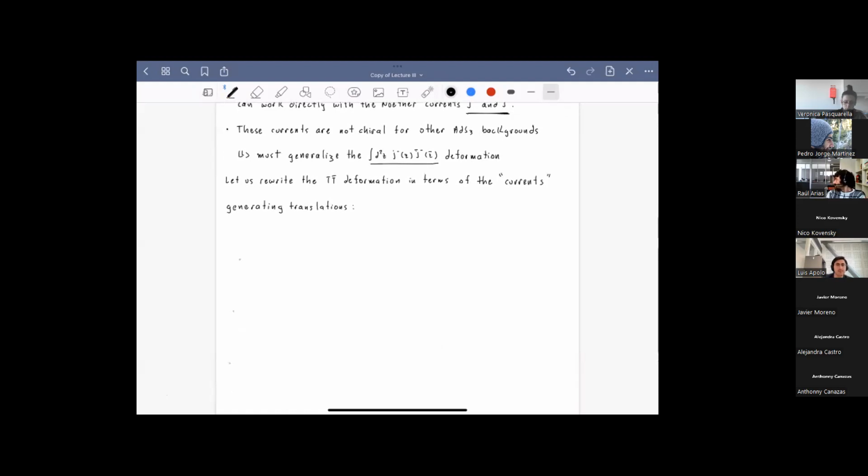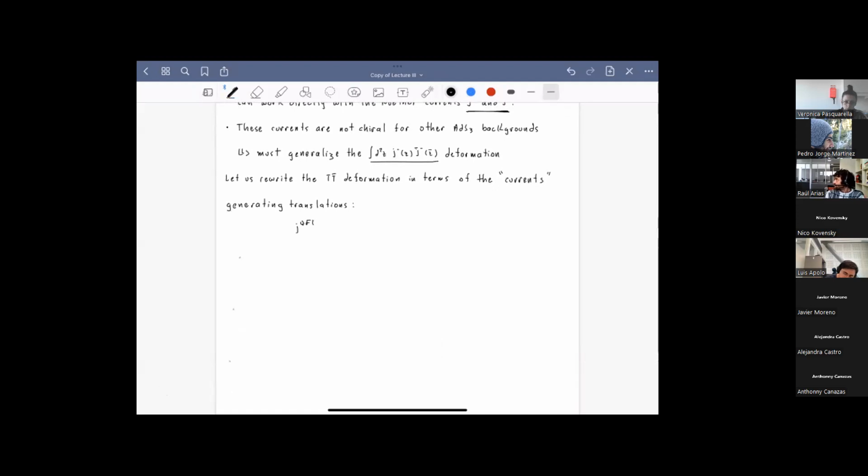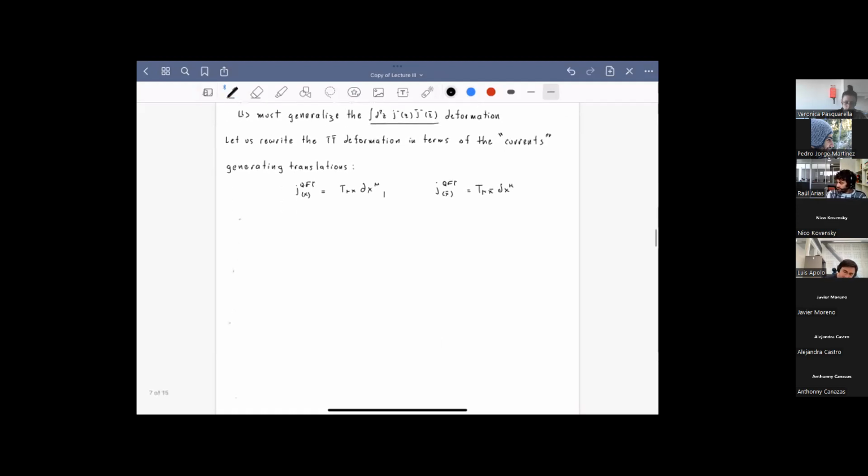So what I mean by this is that I can write the following current in terms of the stress energy tensor. And I can also define the following current. I have used quotation marks here for currents because these are, of course, not really currents, and they don't transform appropriately under, say, coordinate transformations. But nevertheless, you can check that they are conserved as you expect.